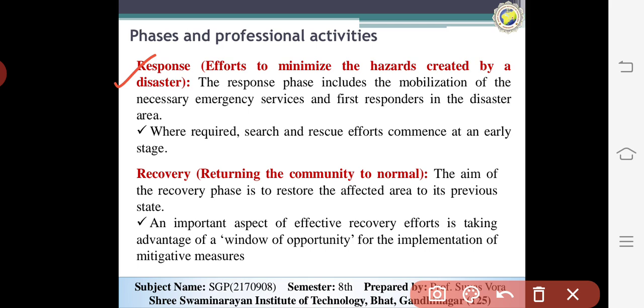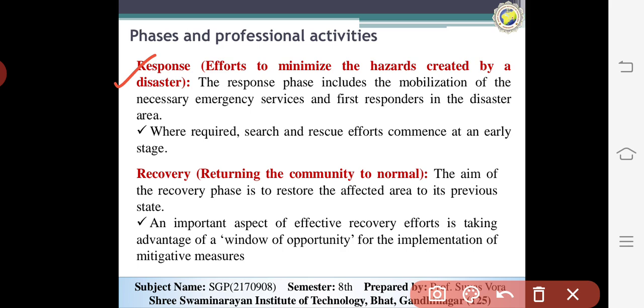It includes the first wave of core emergency services such as the fire brigade, police and ambulance crews, etc. They may be supported by a number of secondary emergency services such as specialist rescue teams. In addition, volunteers and non-government organizations, such as the local Red Cross branch, may provide immediate practical assistance.